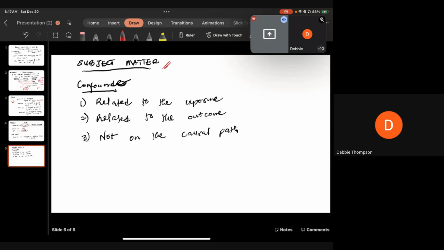If a person is working too long, it might affect the mental health adversely. So the exposure in this case is hours worked, and the outcome is mental health.